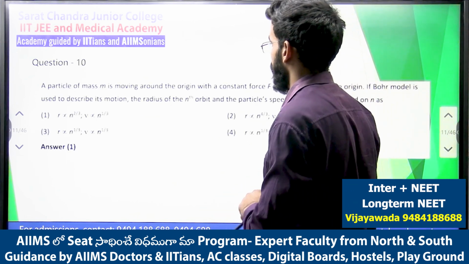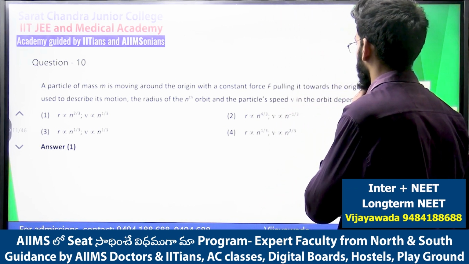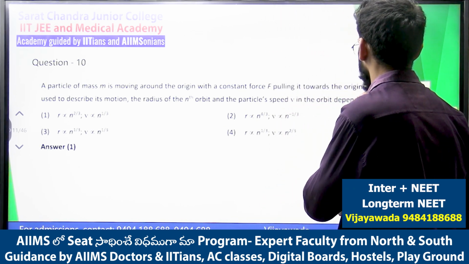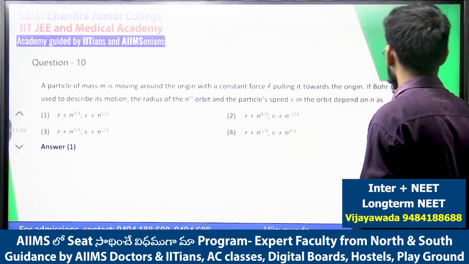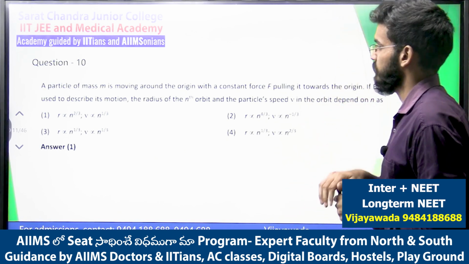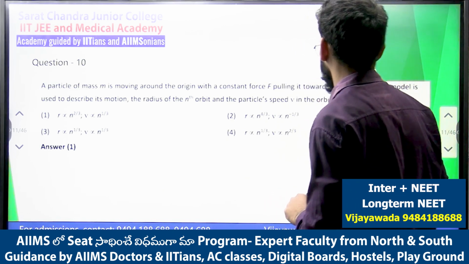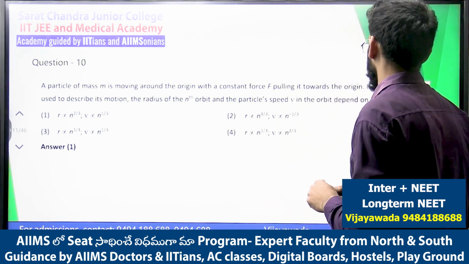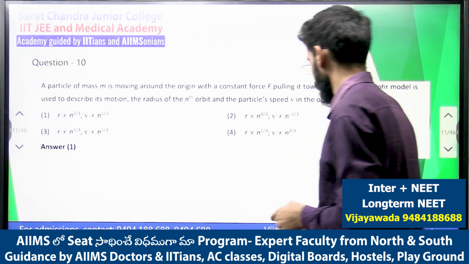Next. A particle of mass m is moving around the origin with a constant force F pulling it towards the origin. Okay, so constant force F pulling towards the origin. Next, what is it saying? If the Bohr model is used to describe its motion, the radius of the nth orbit and the particle's speed v in the orbit depend on n as what power?